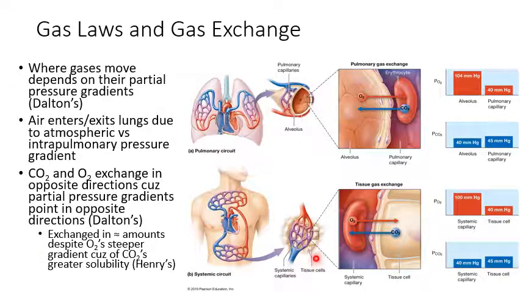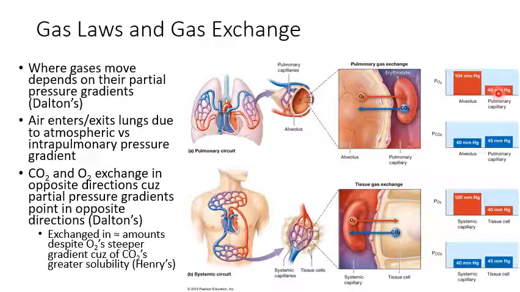If you move out to the systemic circuit, to the systemic capillaries, then you'll have gas exchange between the plasma of the blood and the cells themselves. And again, the direction is determined by the partial pressure gradients. So oxygen, by the time you've oxygenated your blood and you're having it leave the lungs, it's going to have picked up a bunch more oxygen.